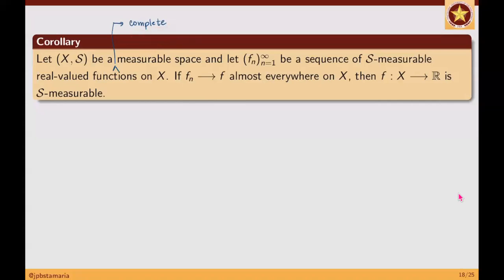Sabi ng result, you don't even need to converge pointwise. Ang kailangan lang mag-converge ka almost everywhere. You see? You don't even need to converge pointwise, kasi pag pointwise, for all x yun. Ang convergence nangyayari for all x. The convergence only need to happen almost everywhere.